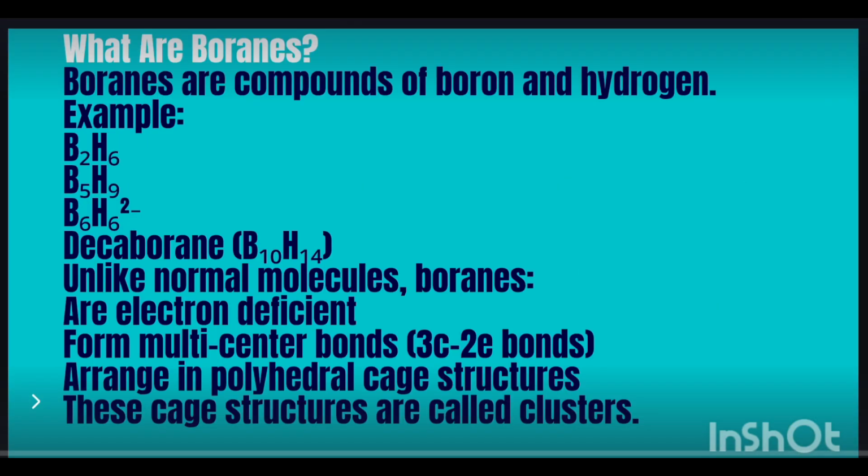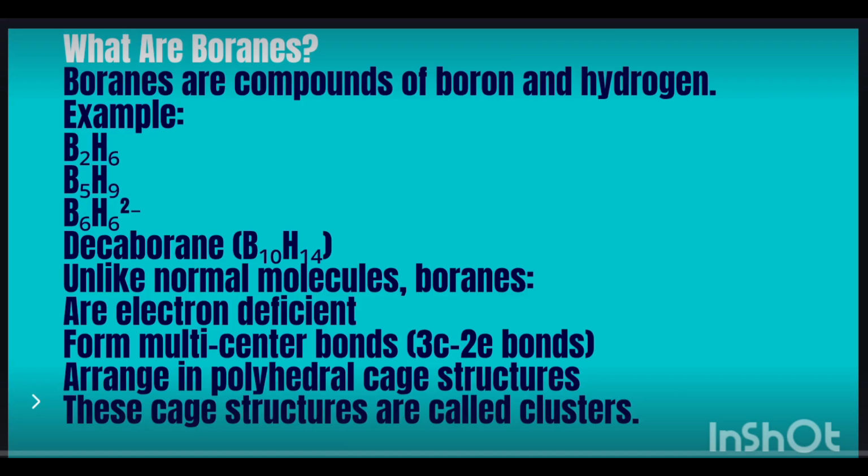First we'll see what are boranes. Boranes are compounds of boron and hydrogen. Unlike normal compounds, boranes are electron deficient. Boron has 3 valence electrons, so it cannot form enough normal 2 center 2 electron bonds. Because of this, boranes form multi-center bonds like 3 center 2 electron bonds.